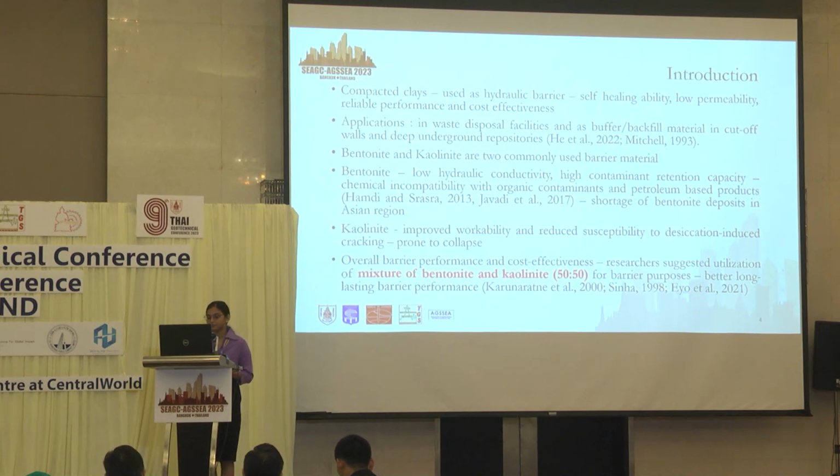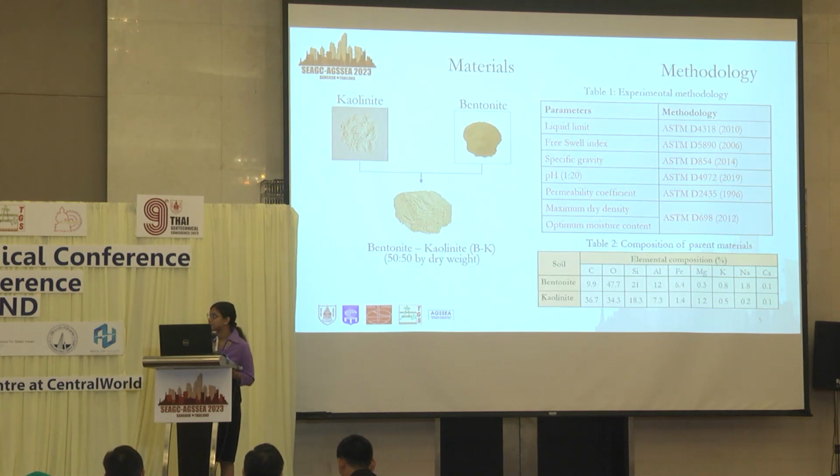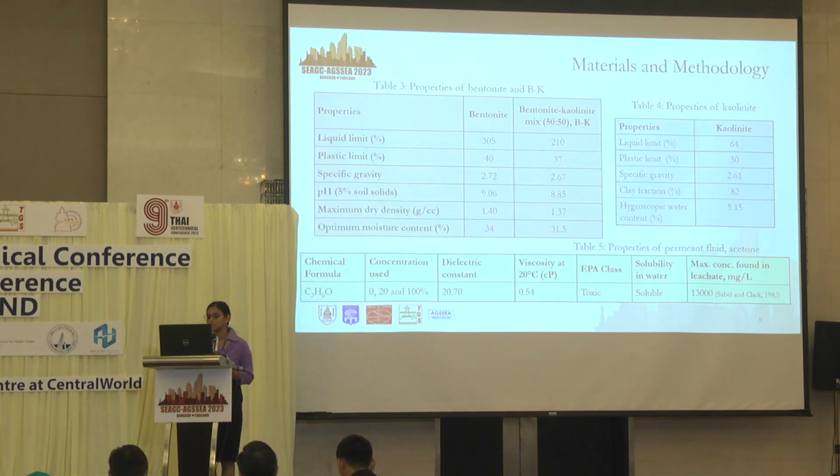So here in our study, we have taken both the materials, kaolinite and bentonite, in a 50:50 dry weight basis, and the geotechnical properties of these materials were found out using ASTM standard procedures. Table 2 represents the elemental composition of both parent materials.